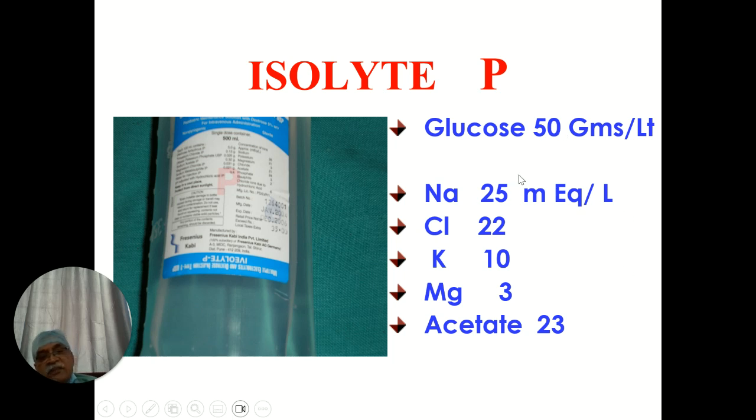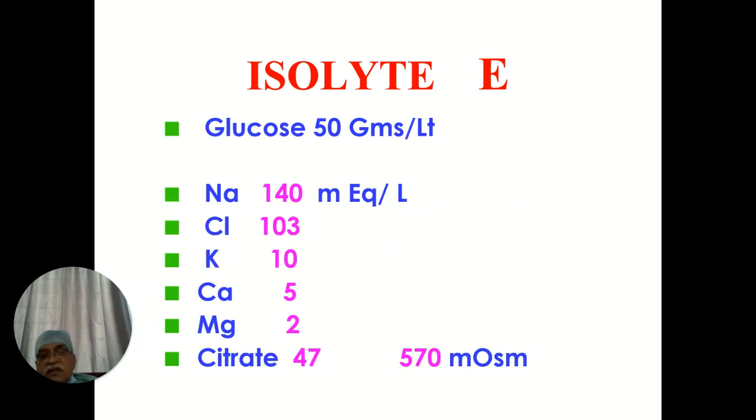Isolyte P is a pediatric maintenance fluid, low sodium, low chloride, and it contains acetate, which can be converted into bicarbonate extrahepatically. Isolyte E is the extracellular replacement fluid, commonly used for lower bowel obstructions. It contains potassium a little higher than Ringer's lactate.